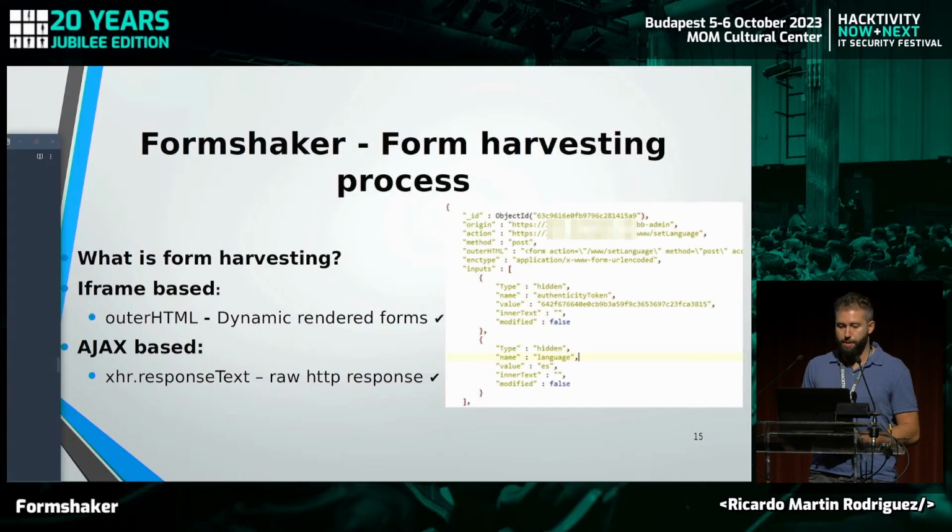Using iframes, it relies on the outerHTML attribute of the element DOM interface, and through this attribute we can access and retrieve dynamically rendered HTML elements, such as dynamically rendered forms. This is an advantage over the AJAX base, which relies only on the raw HTTP response. On the left-hand side, you can see a JSON object with the properties of one of the HTML forms harvested throughout this process.